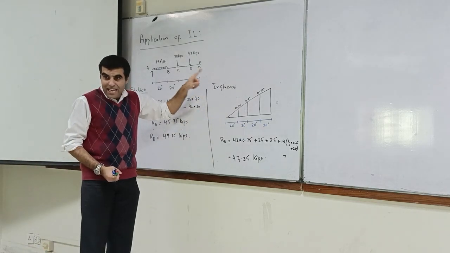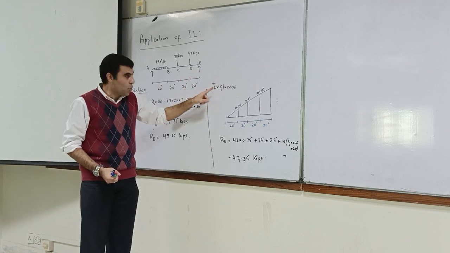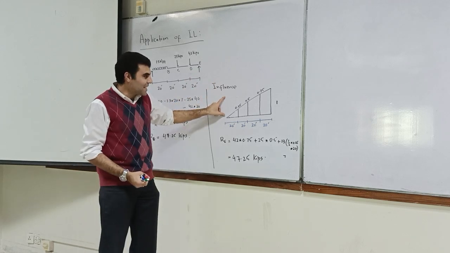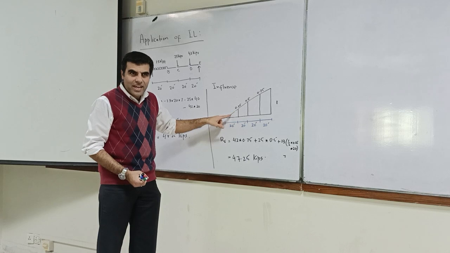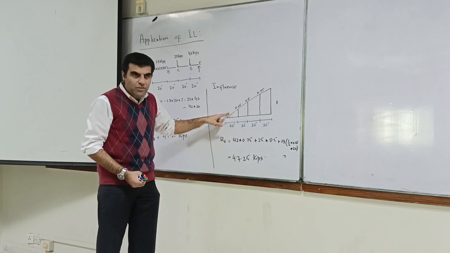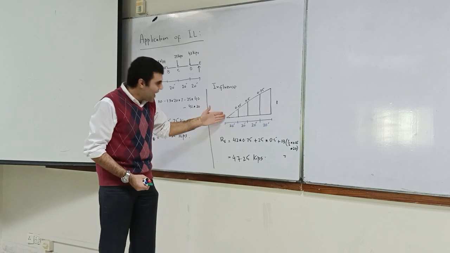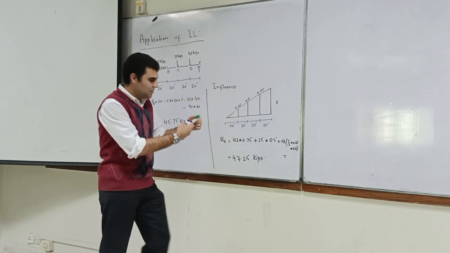In the other one, please notice that I have to multiply the area of a trapezoid, because I would get a trapezoid, won't I, if I move it in this direction.